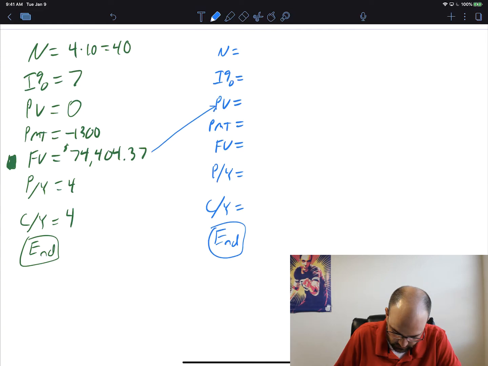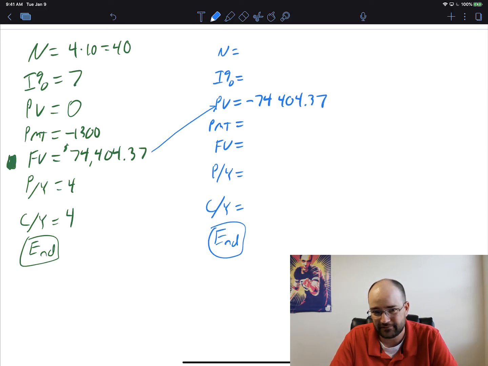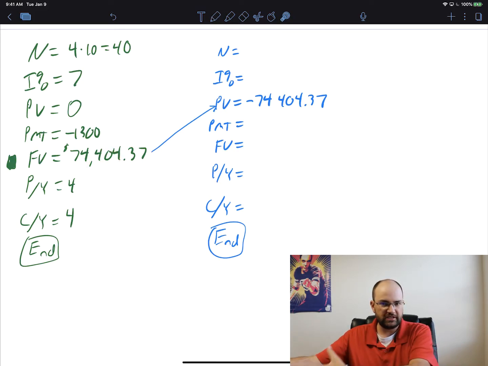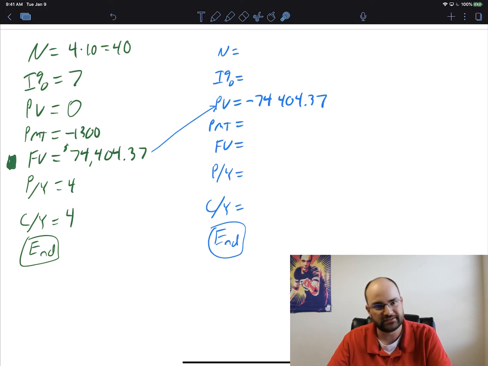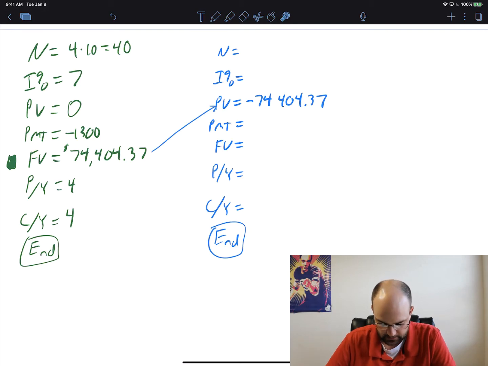So this is going to go up here as a negative $74,404.37. It's important that you understand that it's negative because she is receiving that from this annuity, but then she's immediately losing it again to another annuity, or in other words, another account, right? So she's not going to touch it again, so it's effectively lost to her for this time.